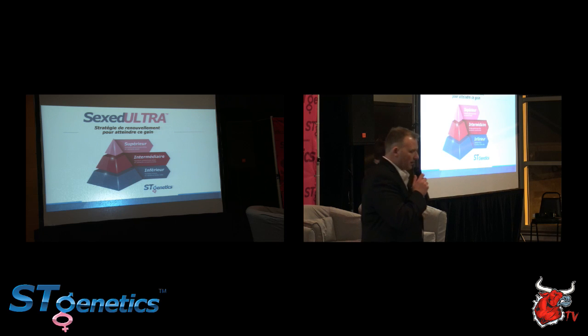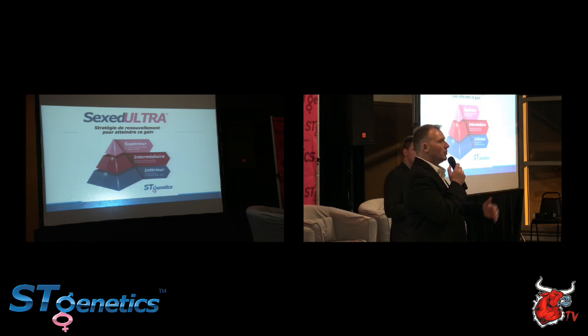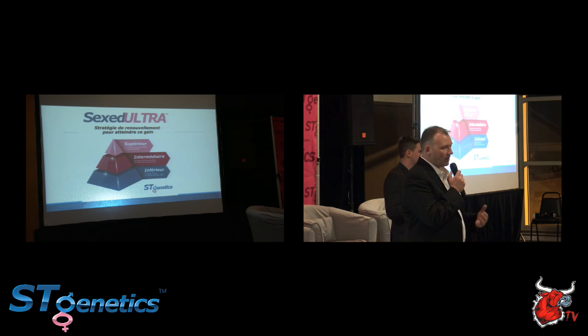So Nicholas is making allusion to, and in line with the question we had earlier about sex semen, that he did use sex semen previously, which probably compares to the median period that Dan was talking about, where sex semen results were below conventional semen, and he did see those type of results as well. That has nothing to do with the results he's experiencing now, where he's very happy and very excited about sex ultra, the sex semen he is using with high conception rate results.